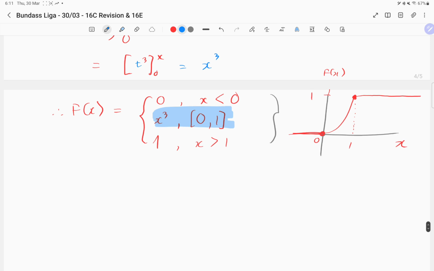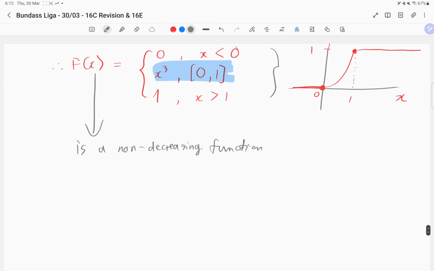That brings me to an important property of the big F of x. This one is a non-decreasing function. What does that mean?